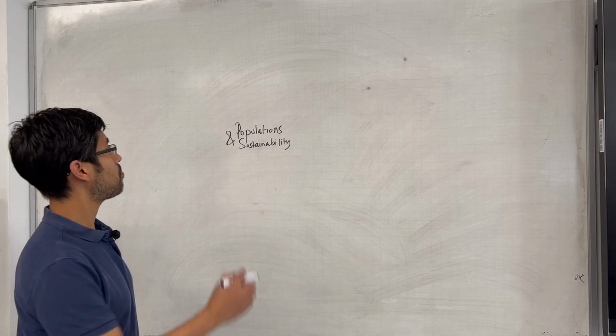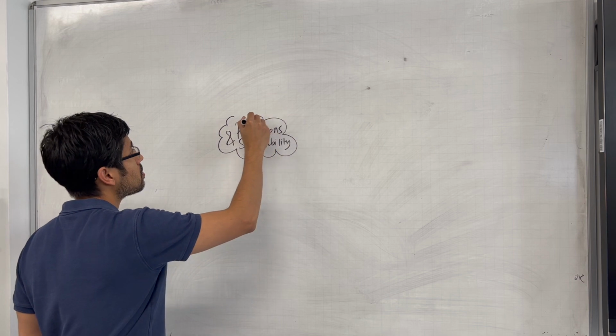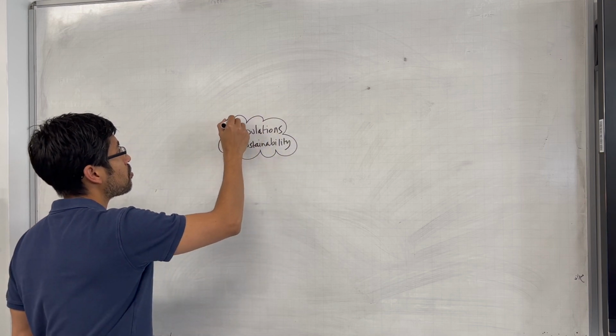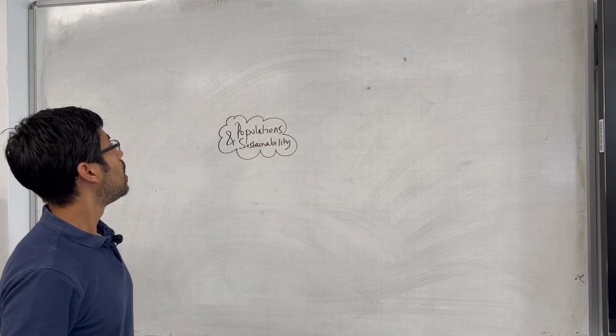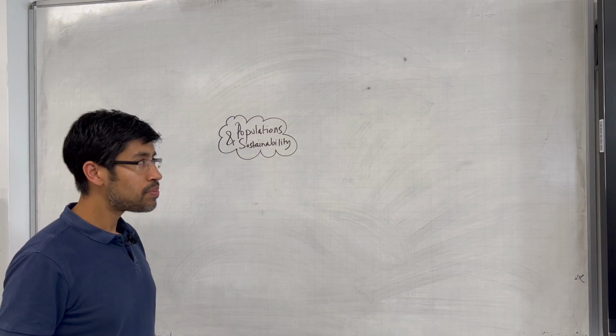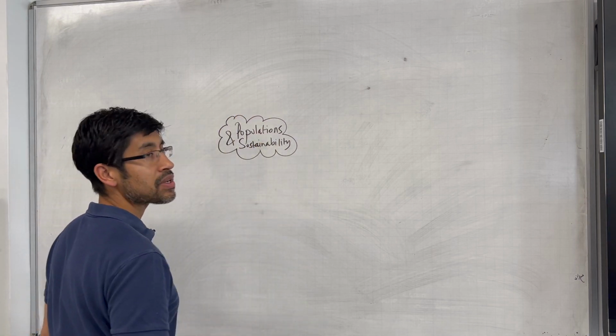here we are. I can put it off no longer. I have to, at this point, talk about populations and sustainability. Let's begin. The way I see it, there are two parts to this. Guess what they are?